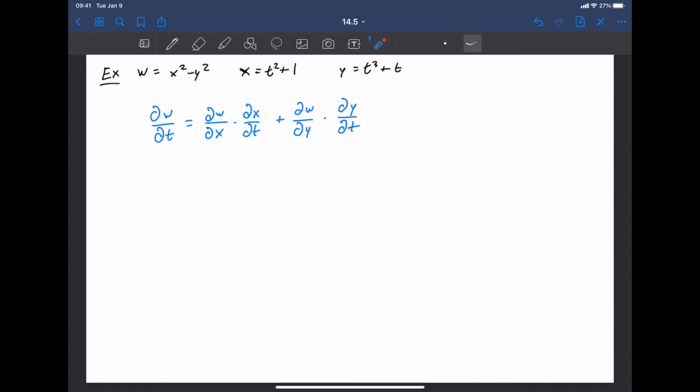Now, a quick word. Most of the time, if you're looking at more careful, more formal mathematics, it would be written like this. This derivative is really based on considering w as a function solely of t at the end of the day.